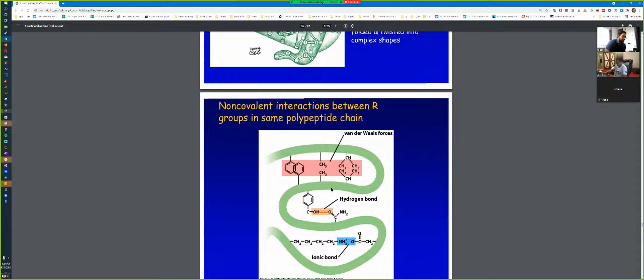The green thing is the overall tertiary structure of the protein, and it's showing you the interactions. There are van der Waals forces between these two benzene groups and these two methyl groups, these two, I think a leucine or something, and there are hydrogen bonds here, and there are ionic bonds as well.